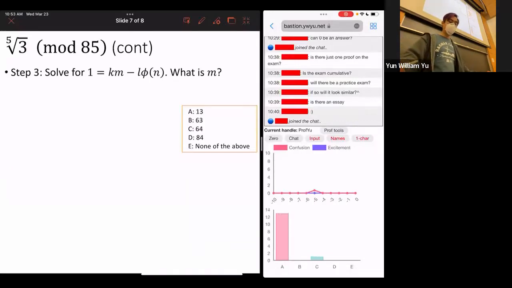Okay, so it looks like people are starting to get the answer of m is equal to 13.